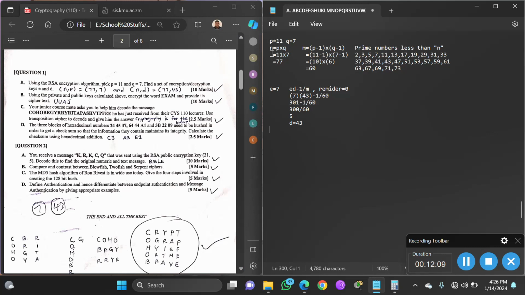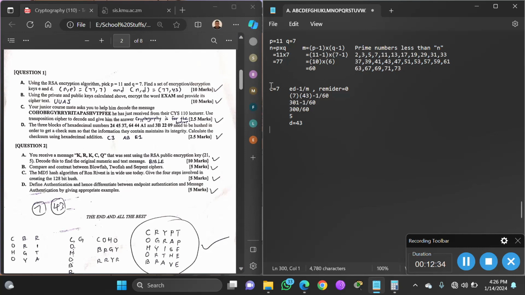Then we said we need to know the value for M, and M was the formula which is P minus 1 times Q minus 1. Once computing the values for P and Q, we got 60. Then we said let us list prime numbers which are less than N, in that case 77. So we listed these as prime numbers which are less than 77.